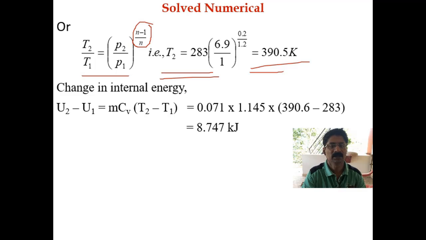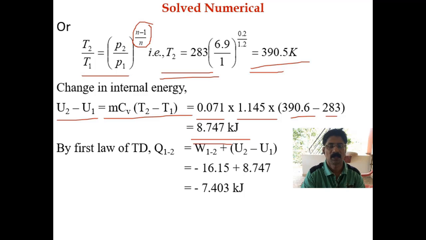Now change in internal energy, that is dU, which is nothing but U2 minus U1, is equal to m Cv delta T, that is m Cv into T2 minus T1. So if you substitute m, Cv, T2 and T1, you will get 8.747 kilojoules. Since mass is given, the unit is kilojoules.